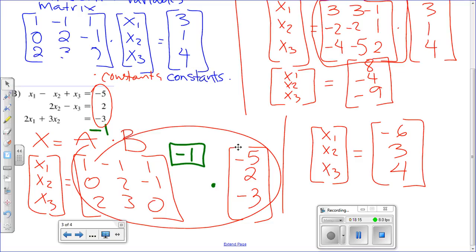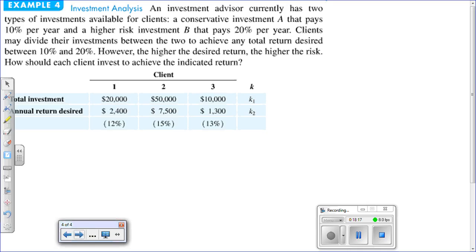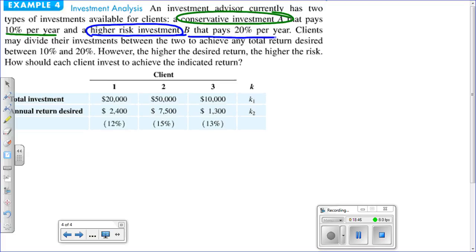So we have one left, and that is, of course, a word problem. An investment advisor currently has 2 types of investments available for clients. A conservative investment A pays 10% per year and the other one, a higher risk investment, we call it B, pays 20% per year.